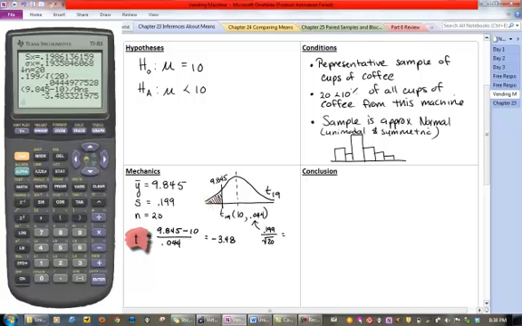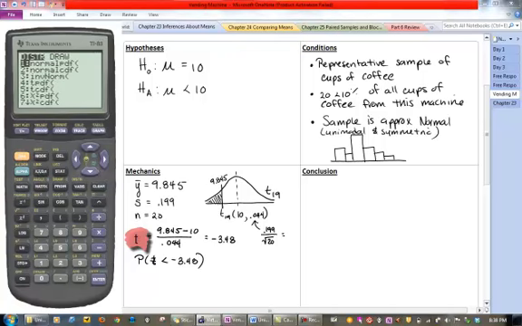So in order to calculate the probability that we have a z-score that's less than negative 3.48 when we're using a t model, looks just like we used to do for the normal model. We go to second distribution, and instead of normal CDF, you can see that you have tcdf. So we're going to scroll down to tcdf. And our inputs are pretty much the same.